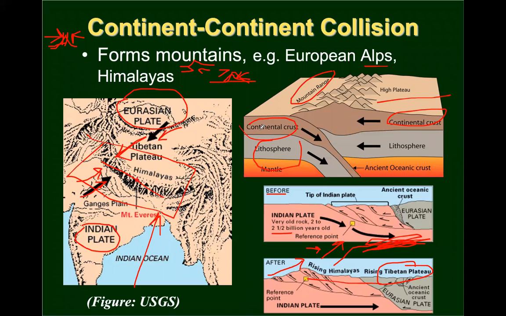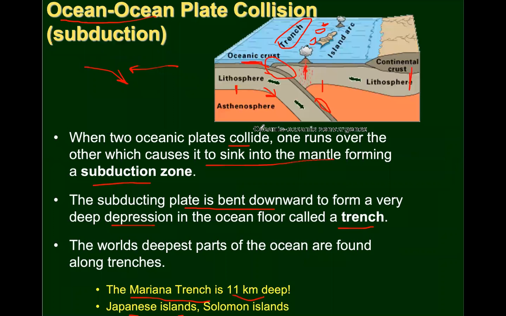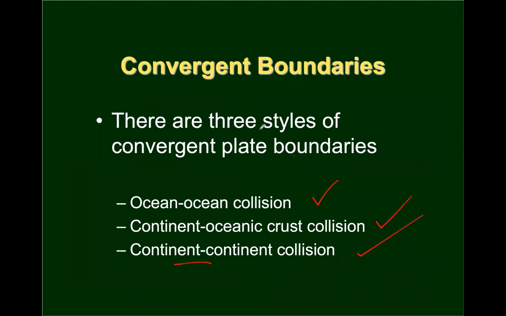So this is all about the three types of convergent boundaries, where we discussed ocean-ocean collision, continent-ocean collision, and continent collision.